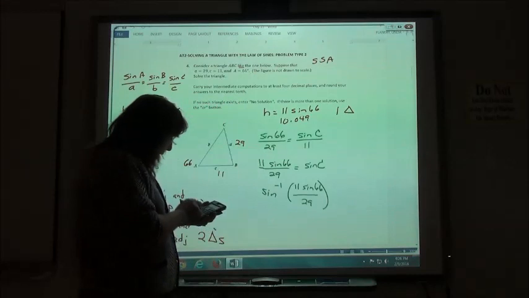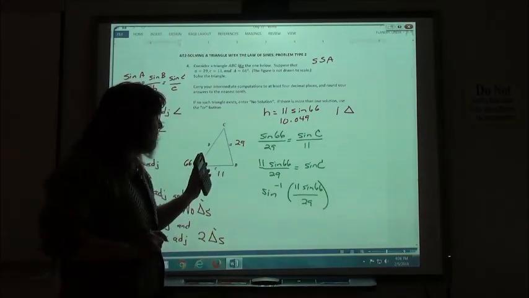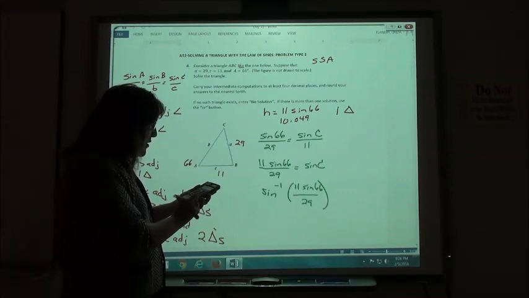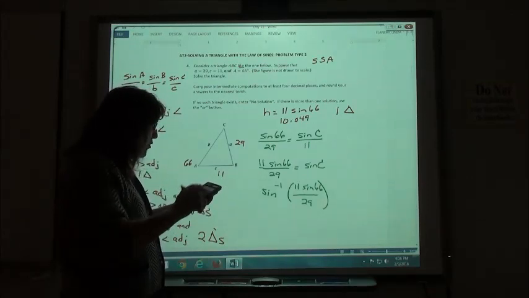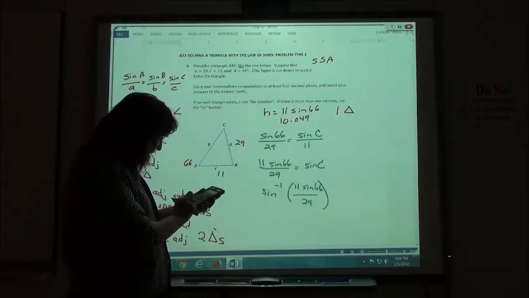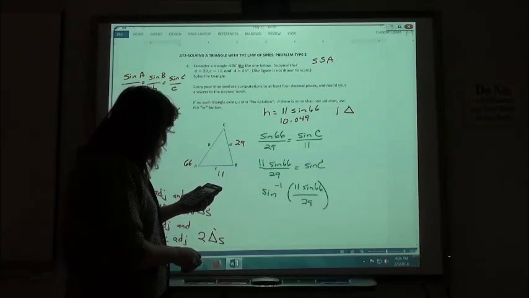So, inverse sine, you're going to use shift sine. You should see sine to the negative 1. In parentheses, I'm going to do 11 sine of 66. And you can just use divided instead of the fraction, or you can use the fraction. I'm going to use divided. So 11 sine of 66 divided by 29, close my parentheses, hit equals.